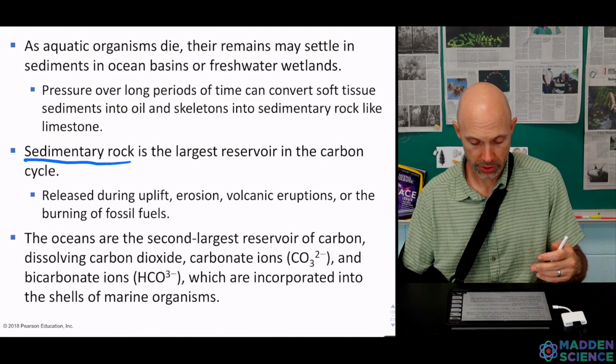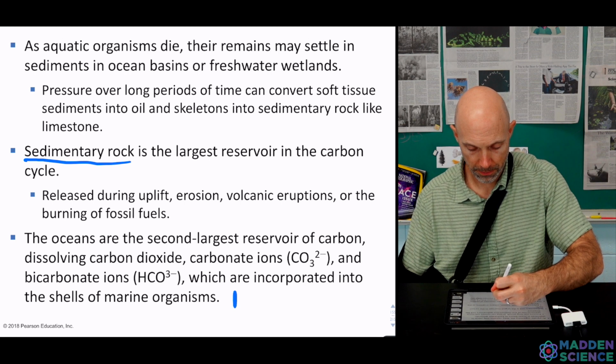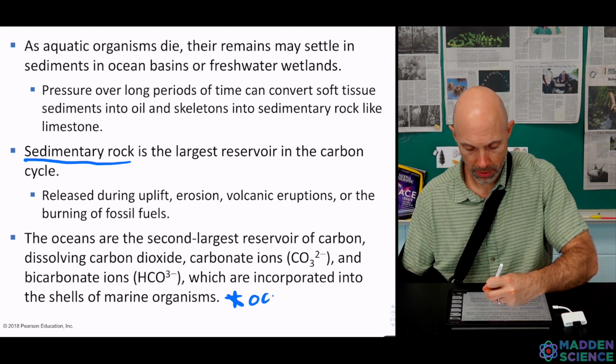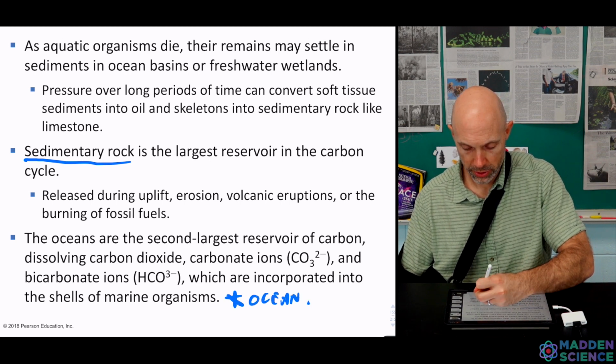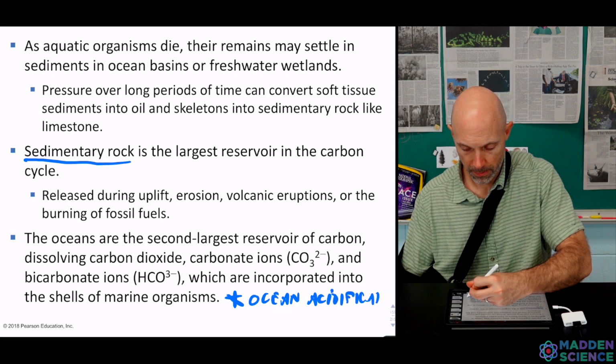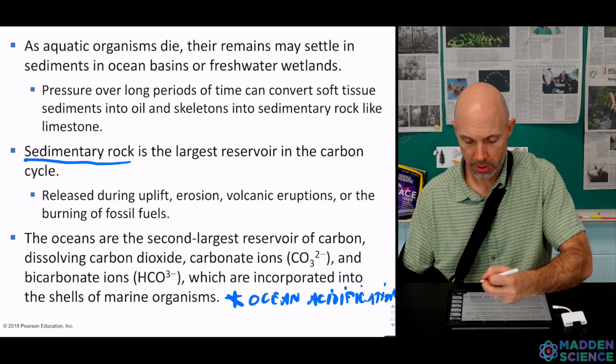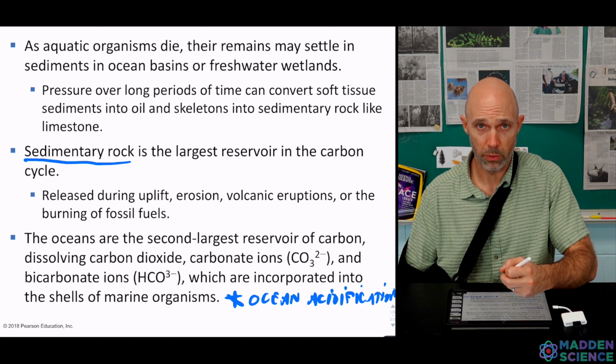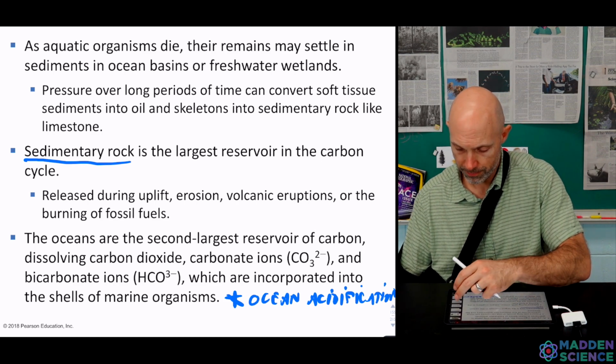Ocean being the second largest reservoir, so this will tie in later when we get to ocean acidification, which ties into yesterday's talk when we dealt with water and pH.